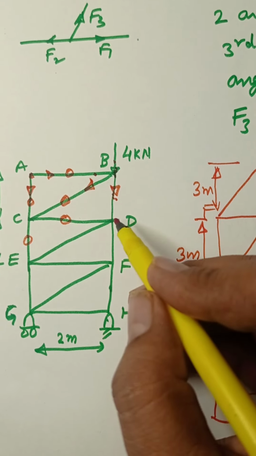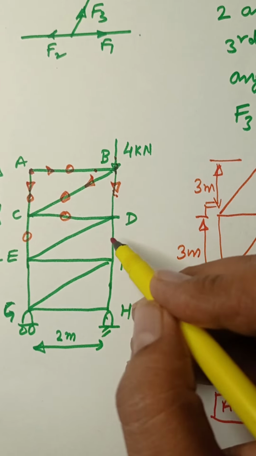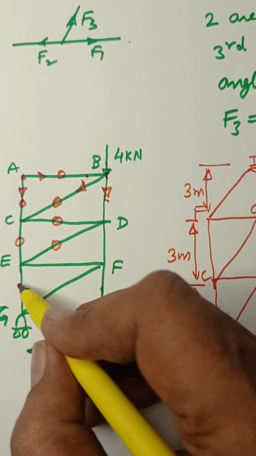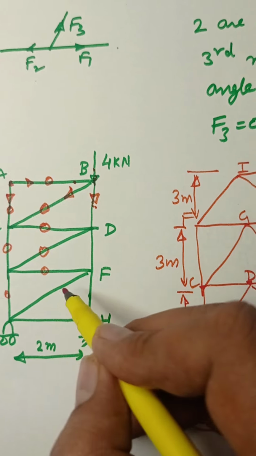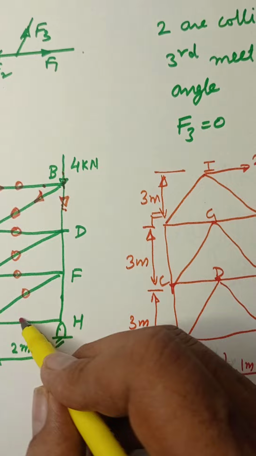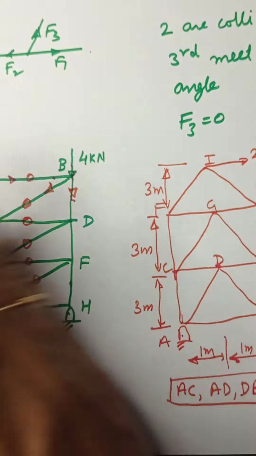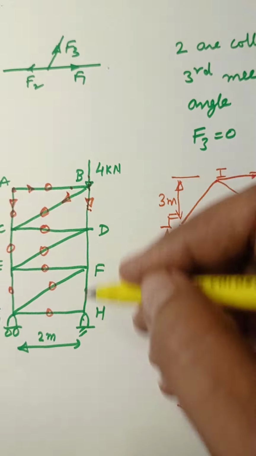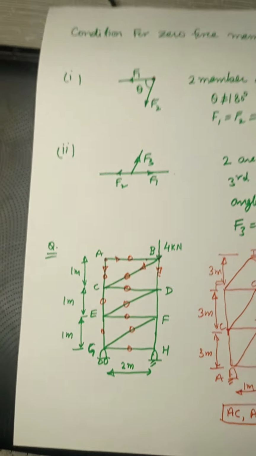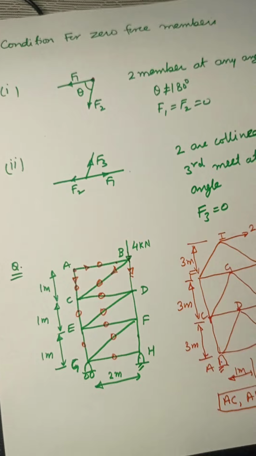Again at D, two are collinear, one is meeting, so this will become 0. Similarly, this will become 0, this will become 0, this will become 0. You will find out that all the forces are going to be 0 on this side, and it is only a kind of a bar. This truss is only taking the load of a kind of a bar.